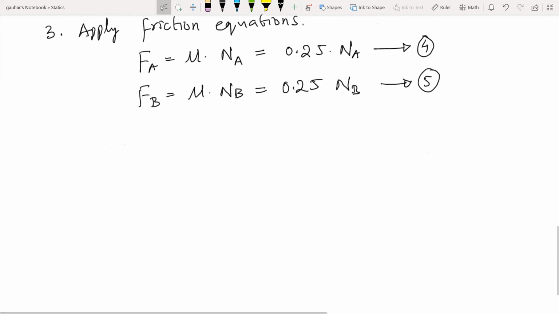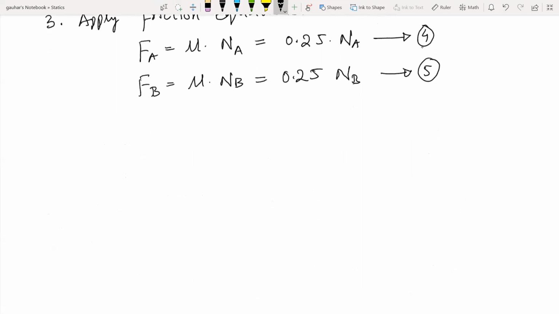Okay, so how I tackle this problem, let's say step 4, solving 5 equations. Again, you can solve these equations by any method you like.